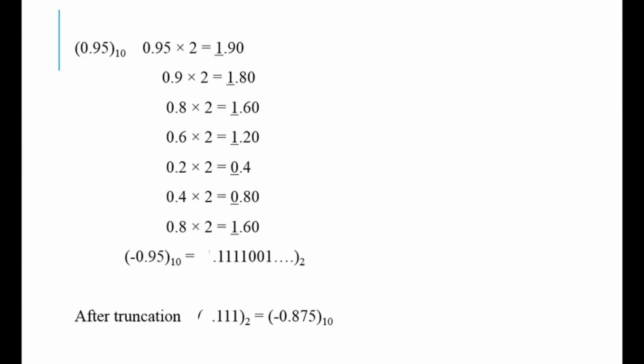So this step should be repeated. Here, 0.4 times 2 gives 0.8 again. So this step is repeating, so I am going to stop here. The final answer is 0.1111001, and you have to stop.